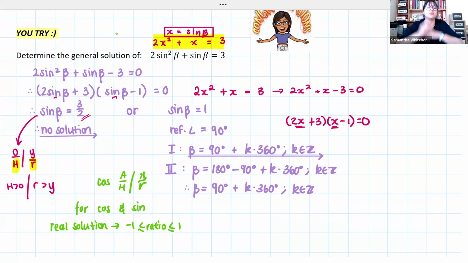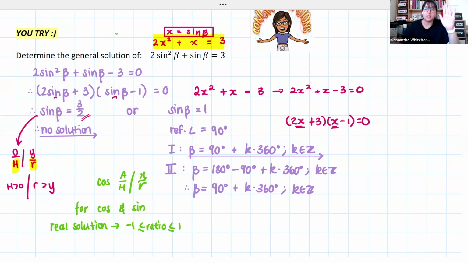If it is greater than 1 or less than -1, you're going to get no solution. Obviously, you'll just do it on a calculator and you'll see no solution, but there is a reason for it. And if you can start to identify, oh, I automatically know that's not going to be a solution, you don't have to waste your time. You can just say no solution.